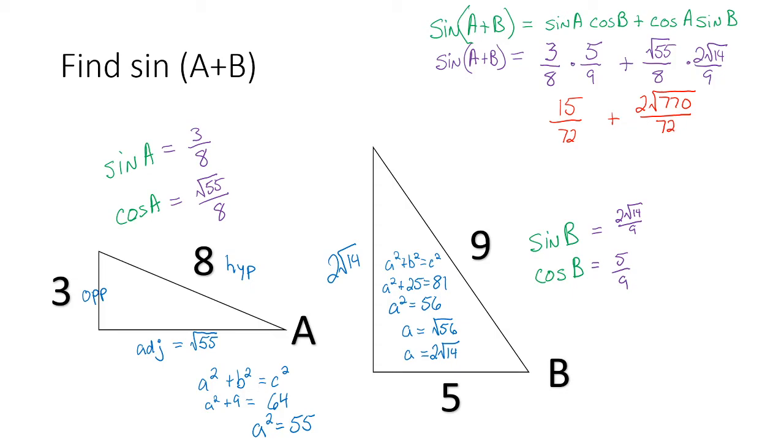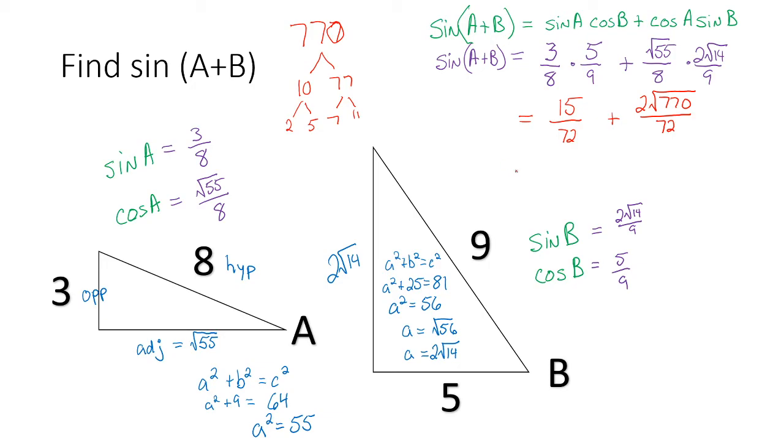Just thinking about this, 770 is 10 and 77, which is 7, 11, 2, and 5. And those are all prime numbers. You can't reduce the square root of 770. Oh my goodness, I can't believe that. We can't reduce that at all. That's kind of a pain in the neck.